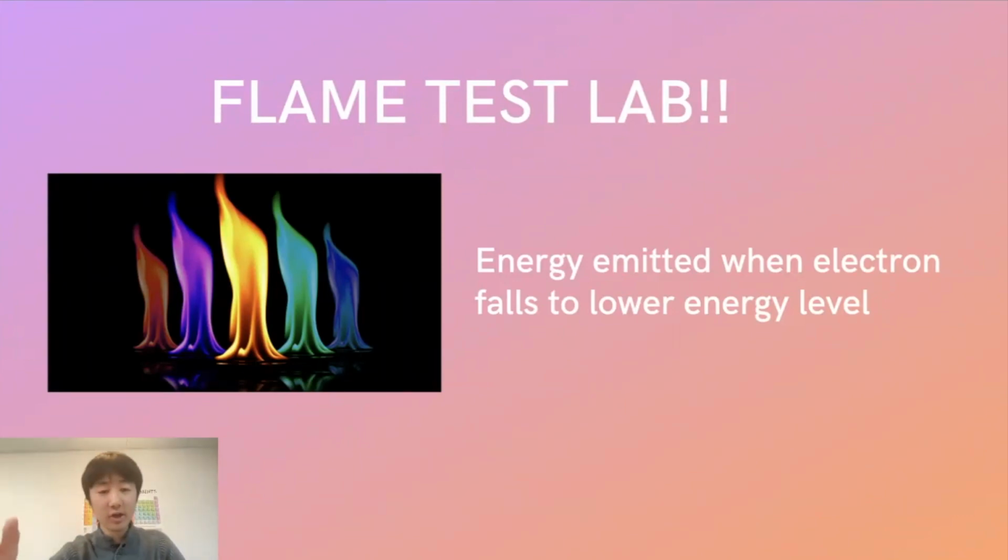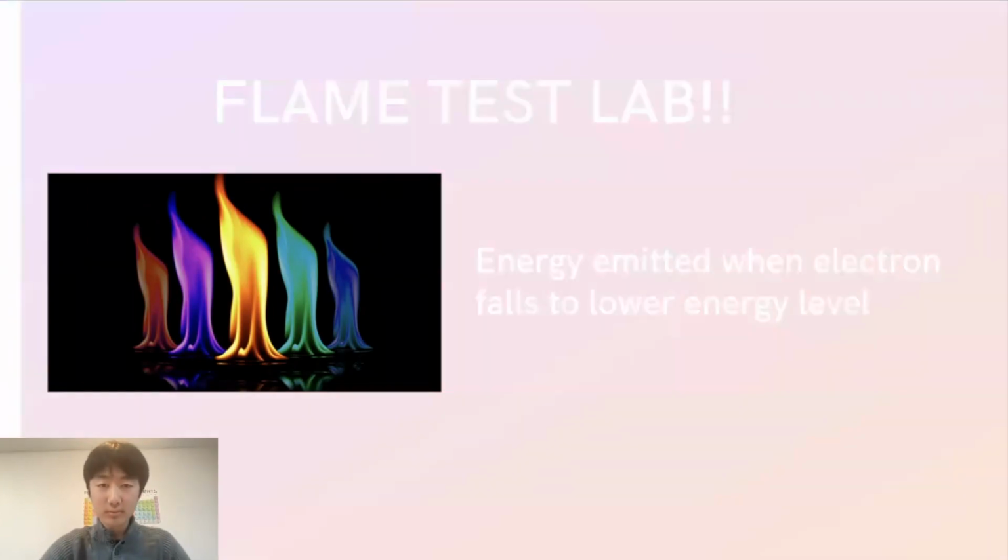And when it releases energy, the energy has certain wavelengths, and those different wavelengths of different elements cause different colors, different visible lights. This is one of my favorite labs to do, and I hope that when we show you this flame test lab, you have a wonderful time looking at the different colors shown by different elements, such as calcium or sodium.